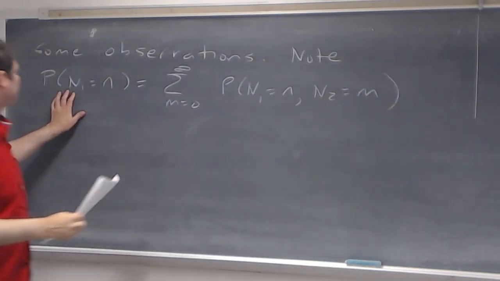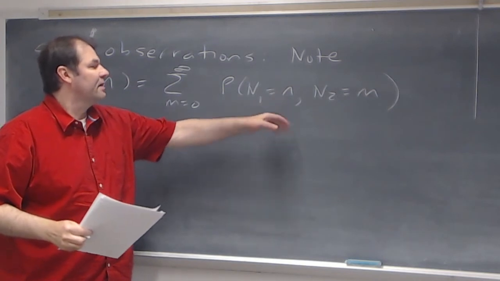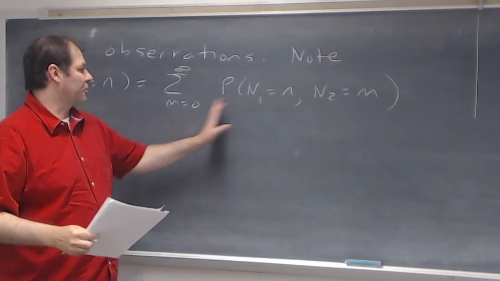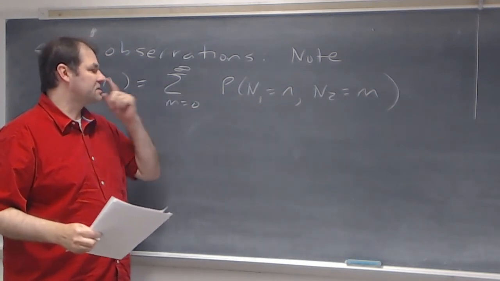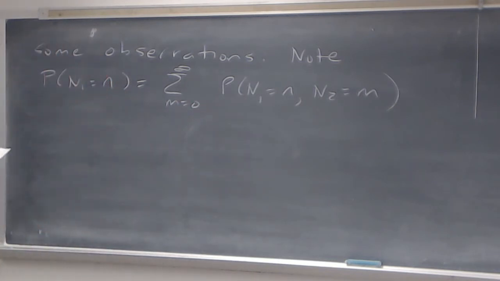So the probability that N sub 1 is equal to n is the probability that N sub 1 is equal to n and N sub 2 could be anything. We run through all the cases, mutually exclusive events, and sum them up.